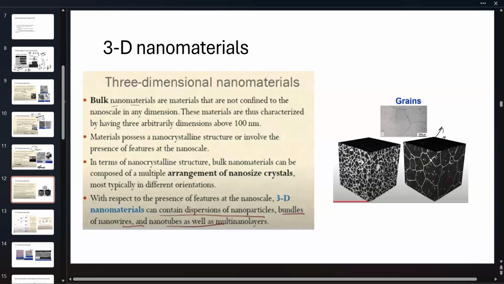With respect to nanometer features, 3D nanomaterial can contain dispersions of nanoparticles, bundles of nanowires or nanotubes, as well as multi nanolayers.